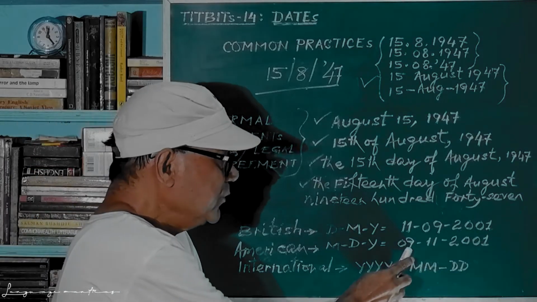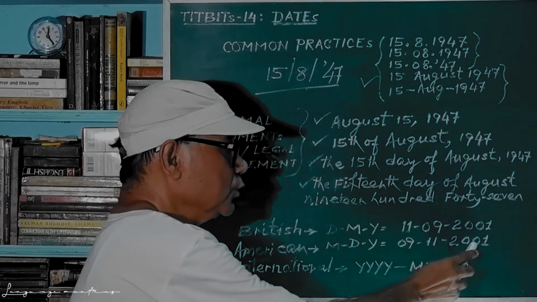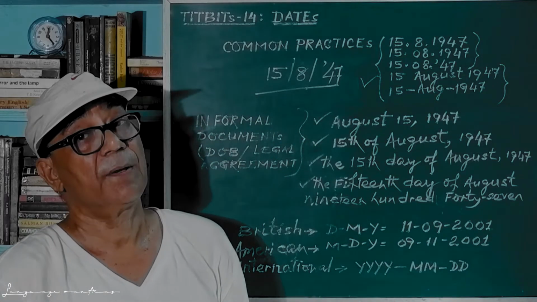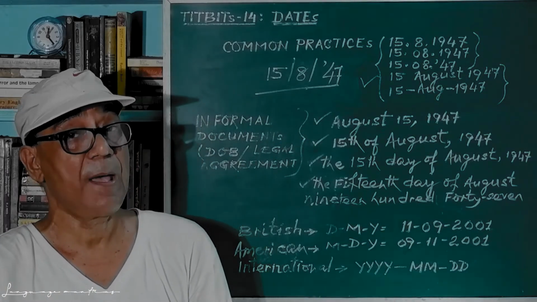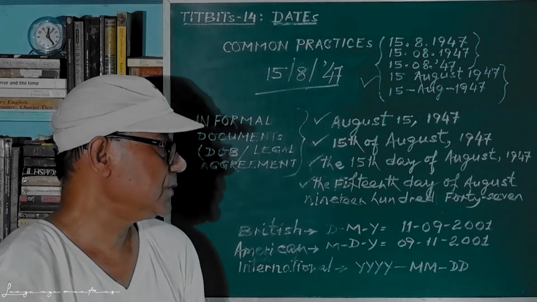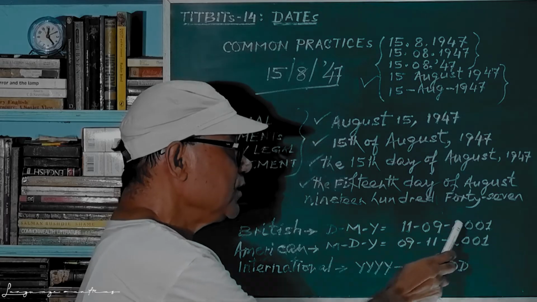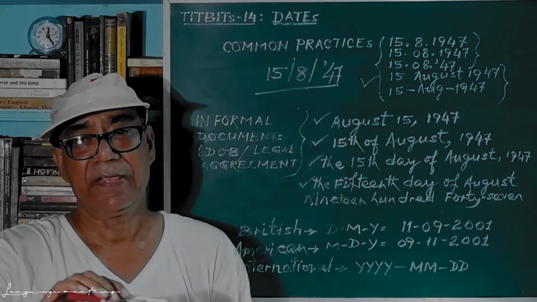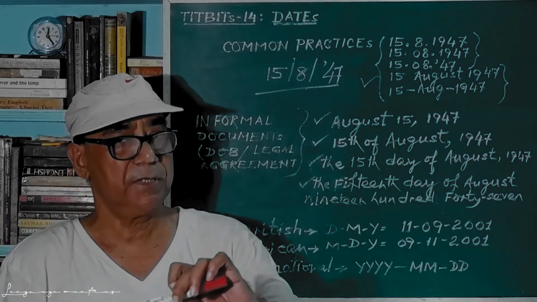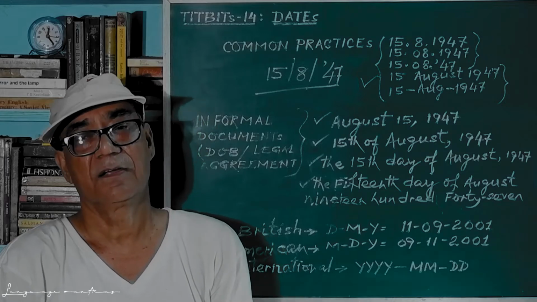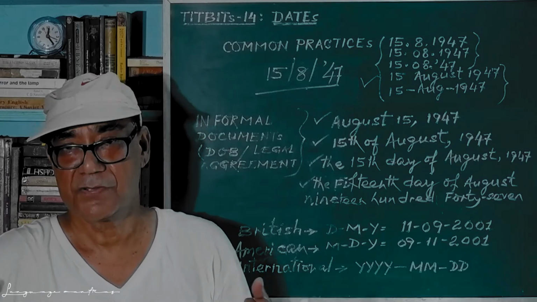He will say 9th day of November 2001. But the actual fact that happened, the incident took place on 11/9/2001. So American way and the British way differ and confusion arises.